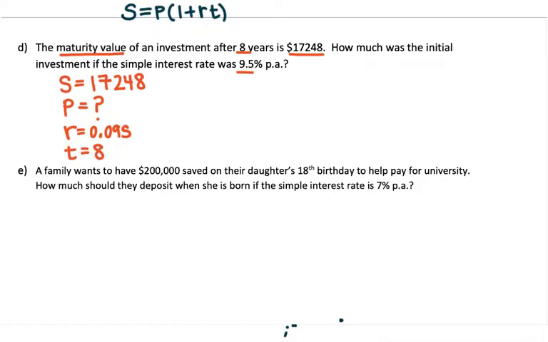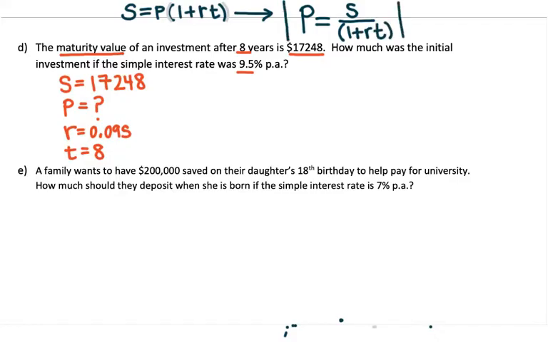Now, we don't directly have an equation P equals something with S and R and T, but we can manipulate this equation if we just take this entire bracket and divide it onto the other side. I would advise you just either memorize it or get comfortable doing the algebra. You're just going to take the S, the future value, and divide by 1 plus RT.